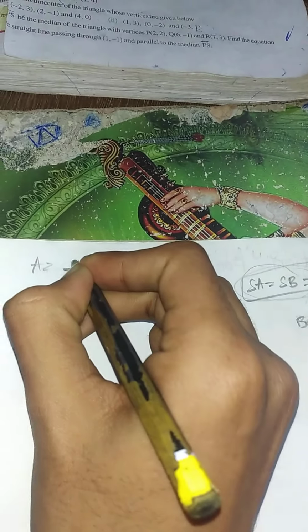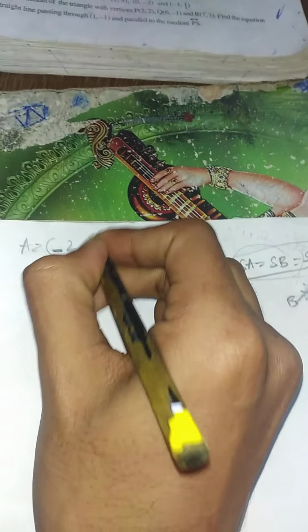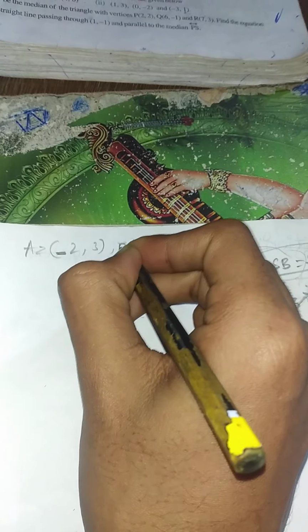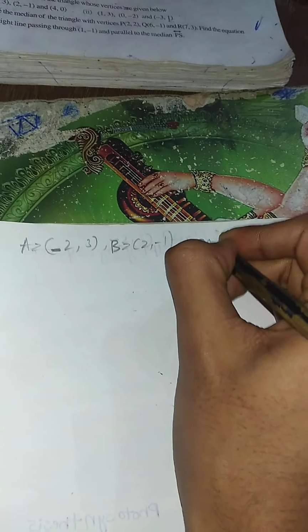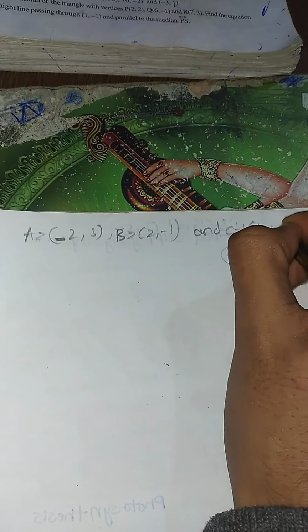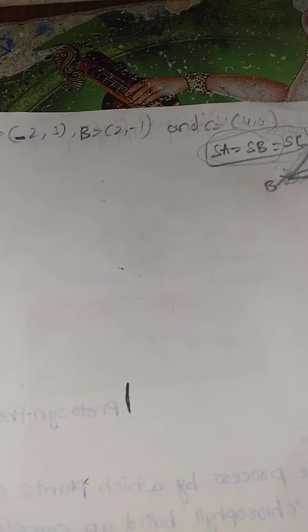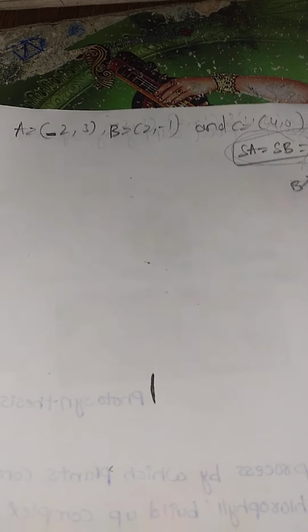There A is equal to (-2, 3), B is equal to (2, -1), and C is equal to (4, 0). To find these 3 points, we have to find out the point of intersection of these two lines, these two lines, and these two lines.